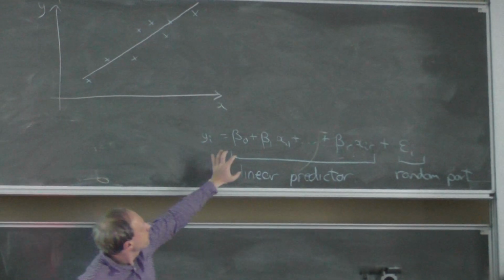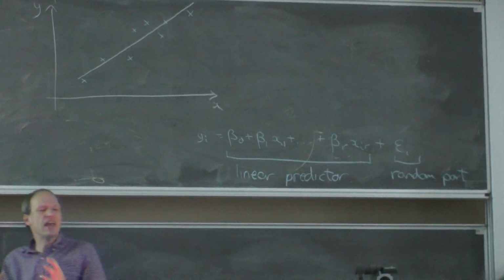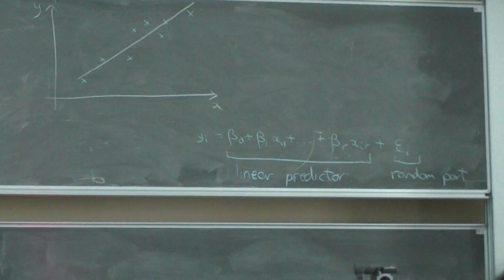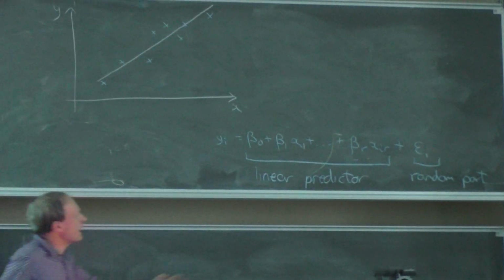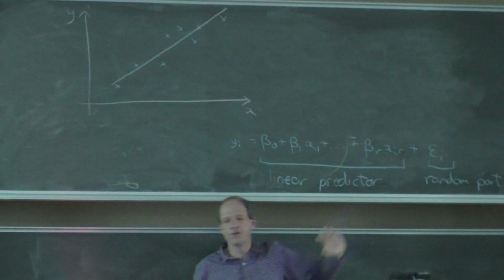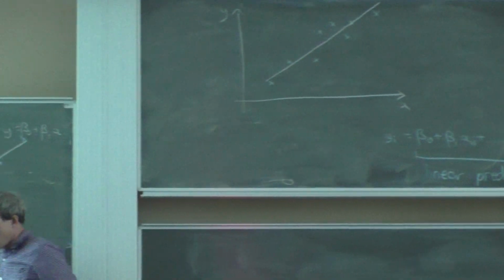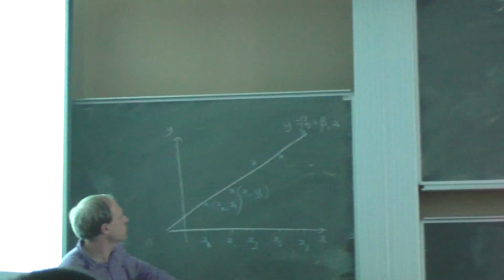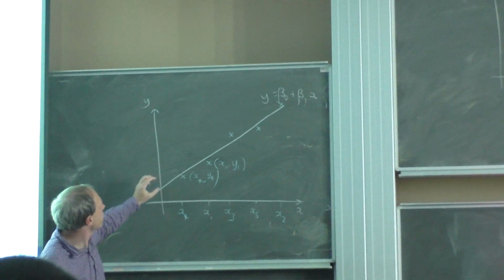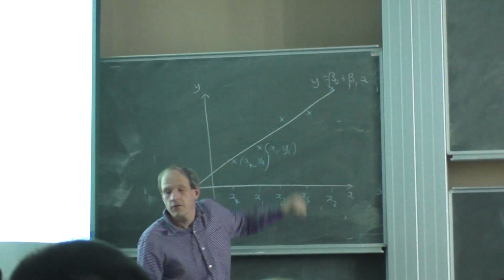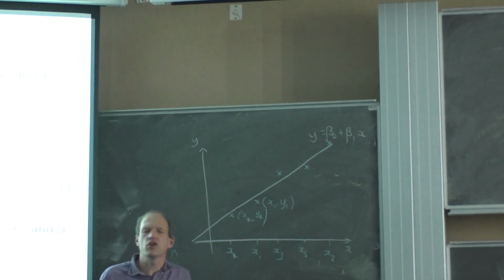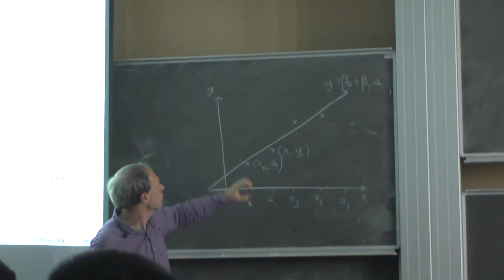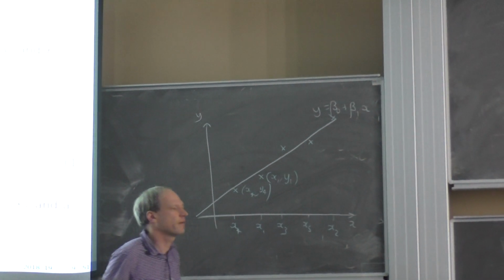So we have the linear predictor, which is entirely predicted by the explanatory variables, and then the epsilon i, which is not predicted by the explanatory variables. So if I go back to my picture here, which is just one-dimensional, the linear predictor tells us this straight line, and then the random part gives us this fluctuation, these epsilon i's, away from the straight line.